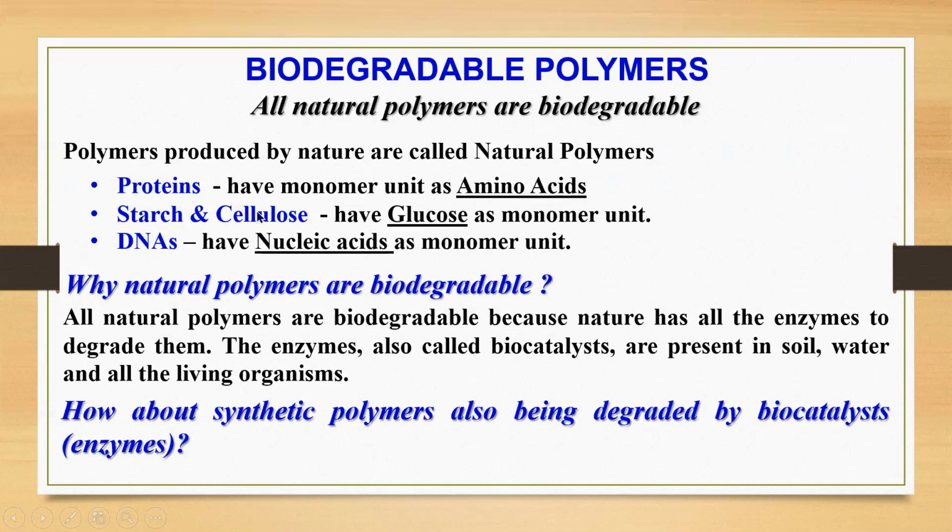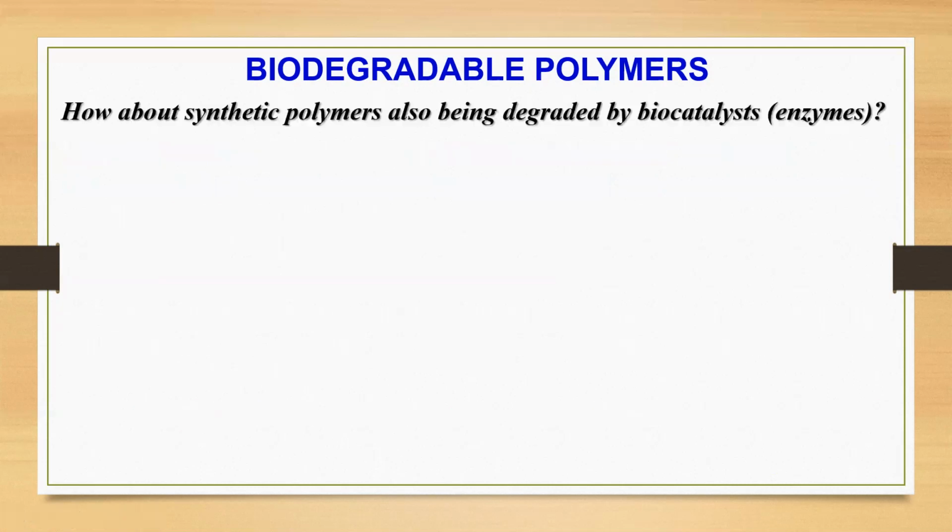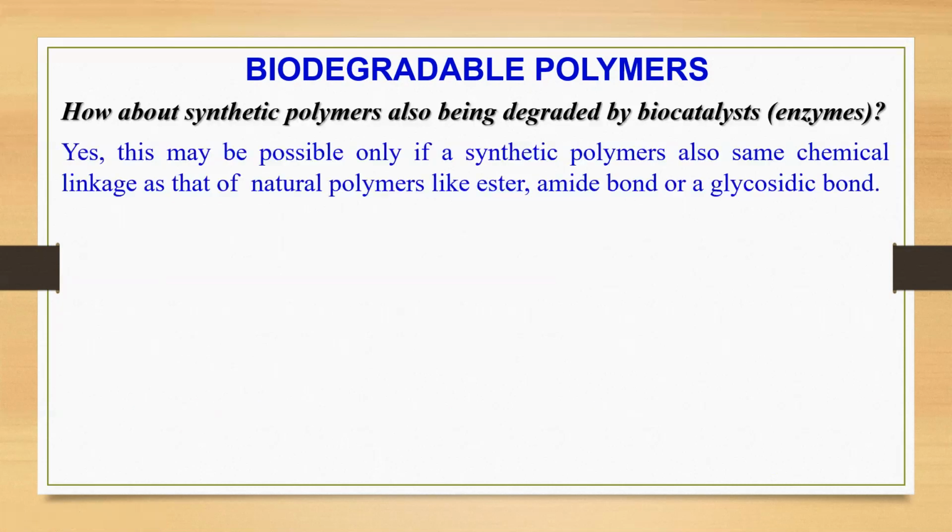Let's not get into the detailed structure of this. So if we can make certain polymers with these kinds of linkages, which have an ester linkage or an amide bond or a glycosidic bond, then definitely we will be moving towards biodegradable polymers. It's a long way to go towards biodegradable polymers.